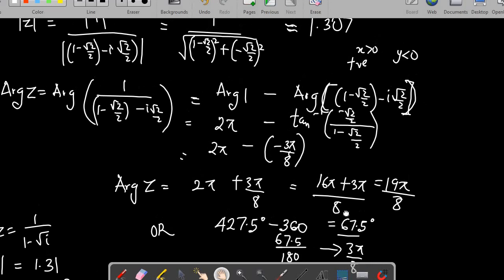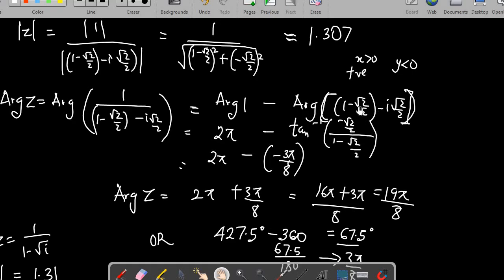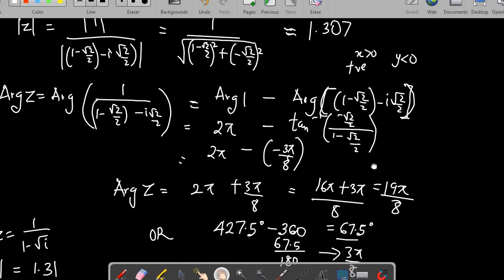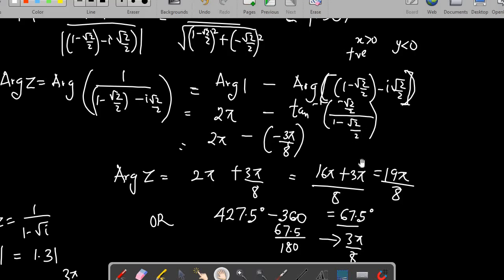Okay, minus this, which is a positive number with a negative imaginary part, so arctan of minus root 2 over 2 over 1 minus root 2 over 2, so minus 3 pi over 8, plus this, it's that 16.